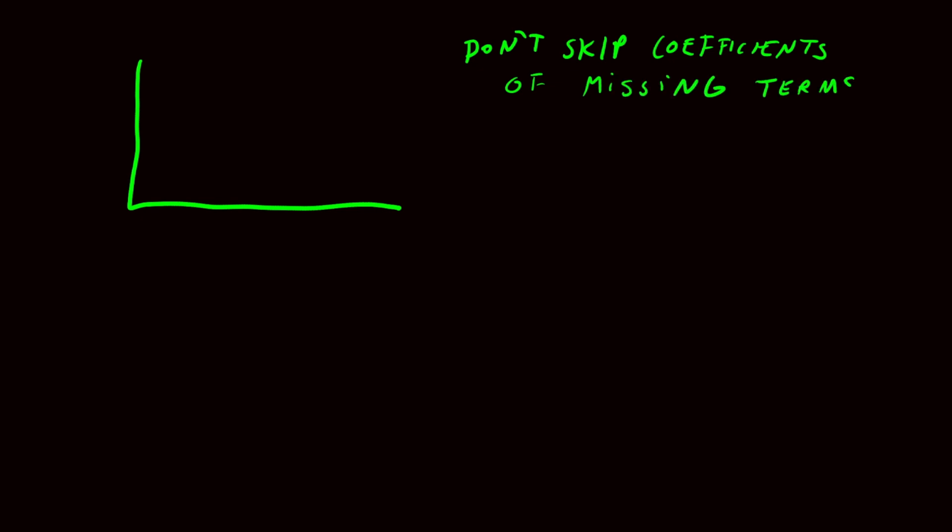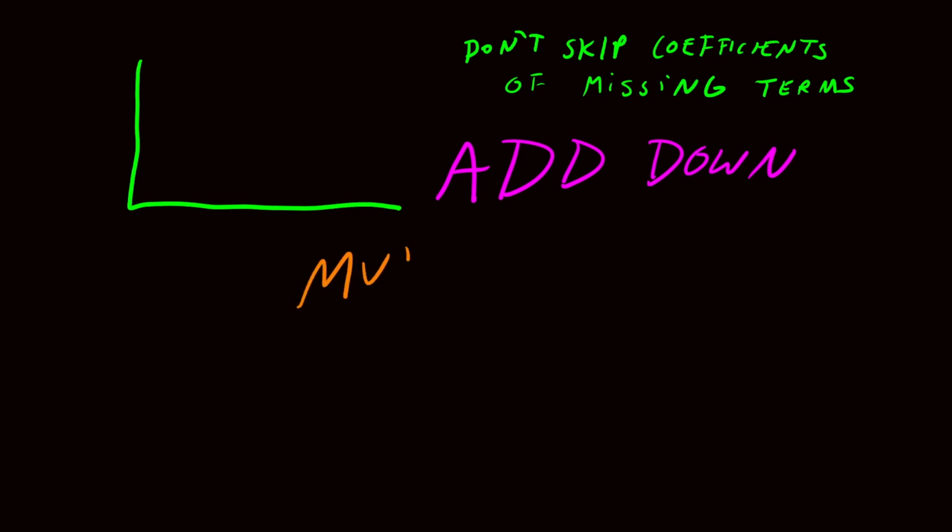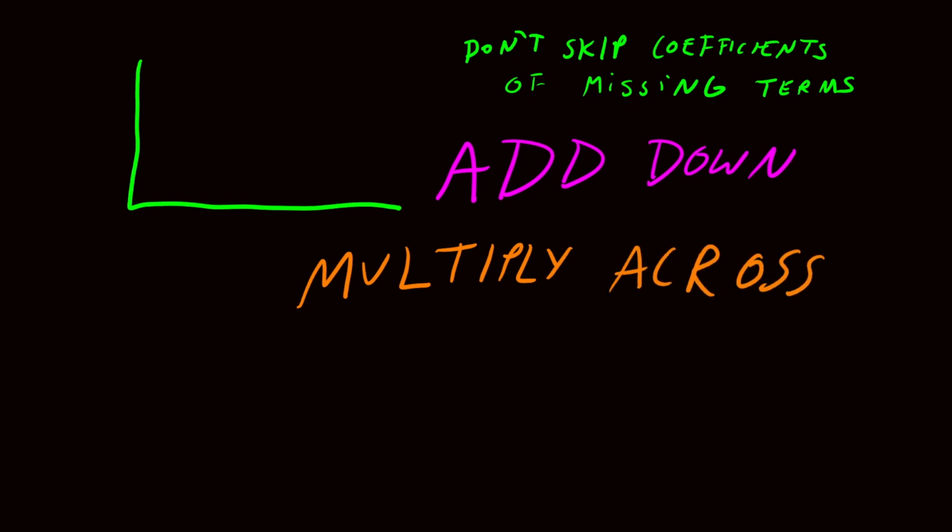Okay? That's like number 2 most important. The number 1 most important, add down. Like, I can't say that enough. A lot of people multiply down, add across. No, add down, multiply across. That's all you have to remember. But other than that, synthetic division is pretty easy. It's just adding and subtracting and multiplying.